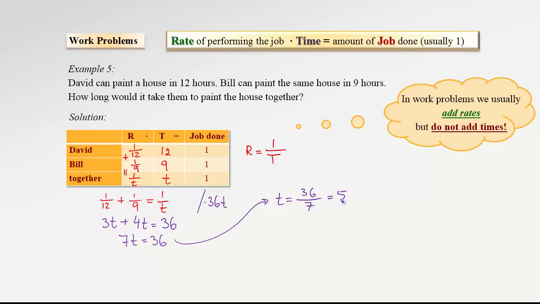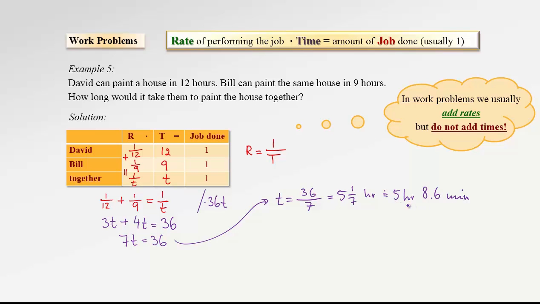The t was in hours, so it's 5 hours and 1/7. That's an exact answer, but it's not very convenient in this situation, is it? Because in real life, we would like to know how many hours and how many minutes, rather than 5 and 1/7 of an hour. So we know it's 5 hours for sure, and a little bit. This little bit, 1/7, using a calculator, is approximately 8.6 minutes.